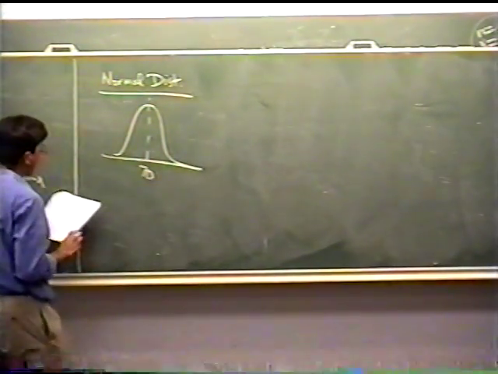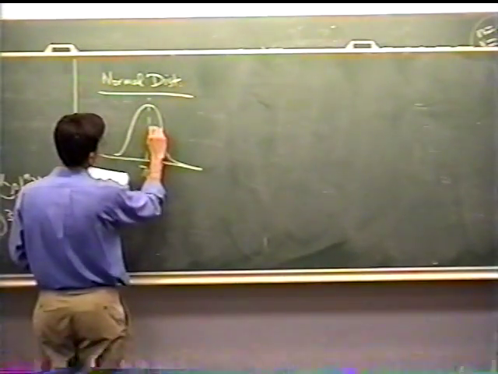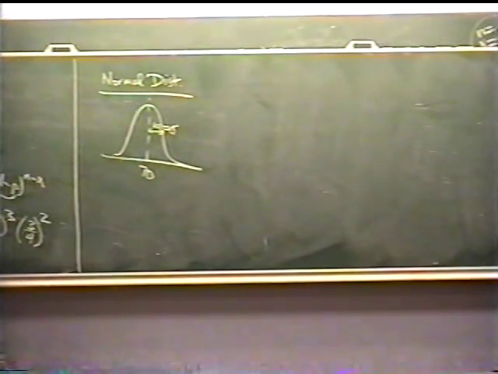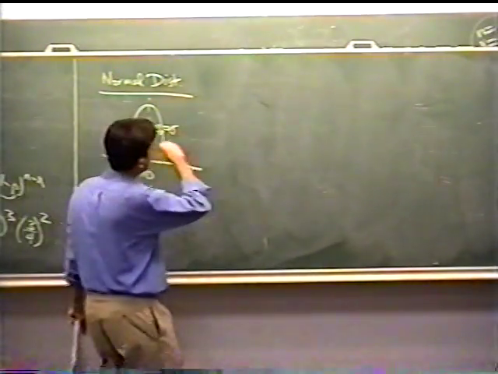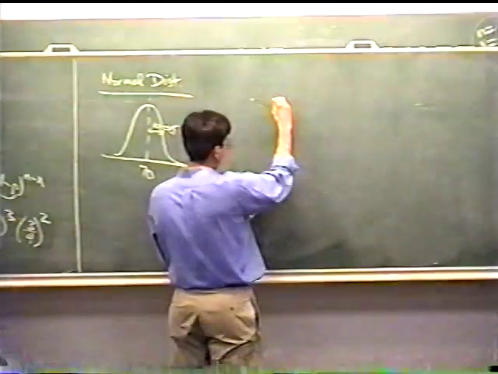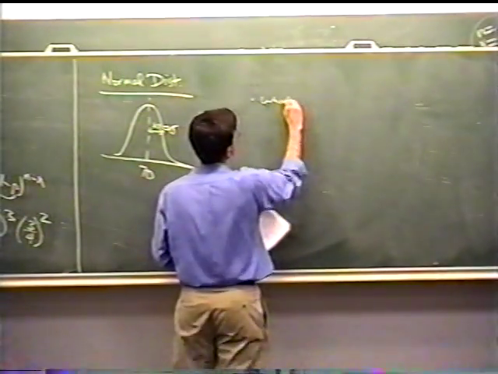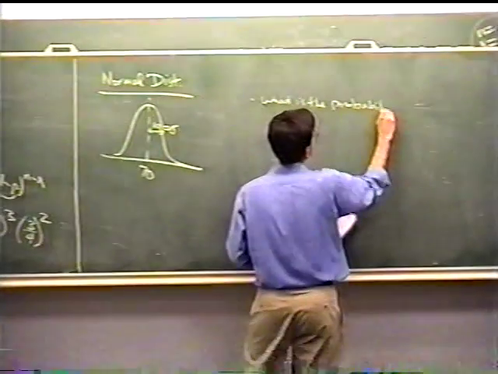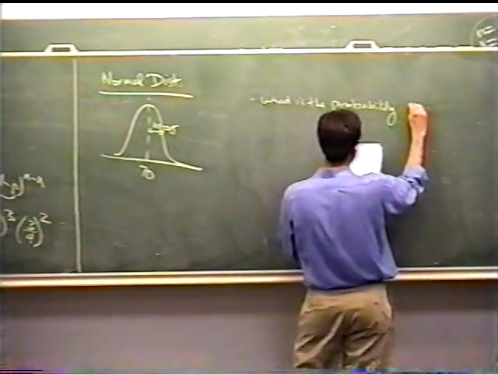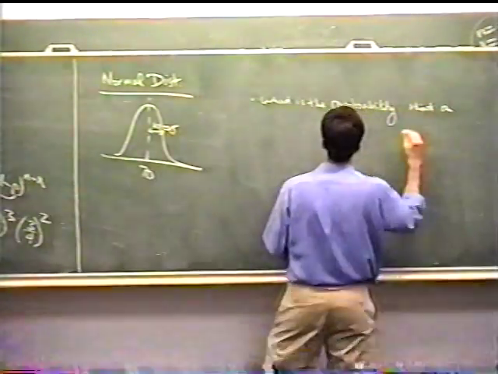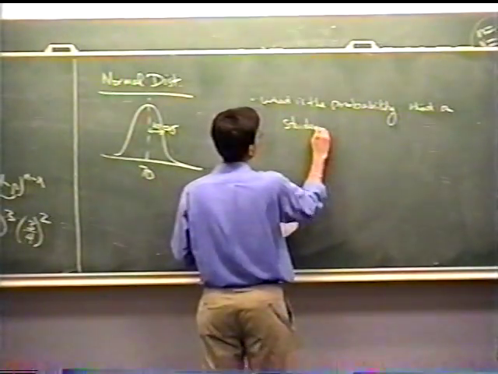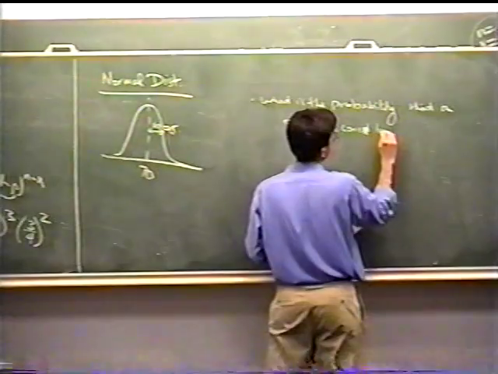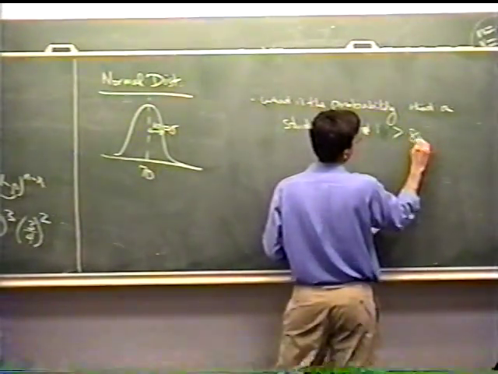Your average exam score was 70. You had a standard deviation of 10. So the question I have is, there are 2 parts. One question is, what is the probability that a student scored higher than 85%?